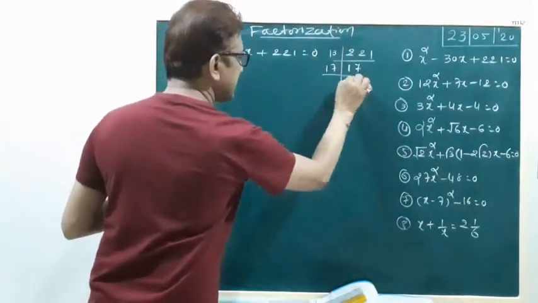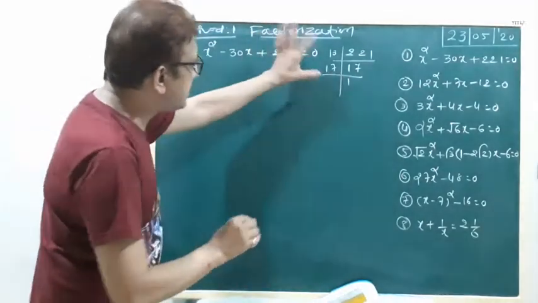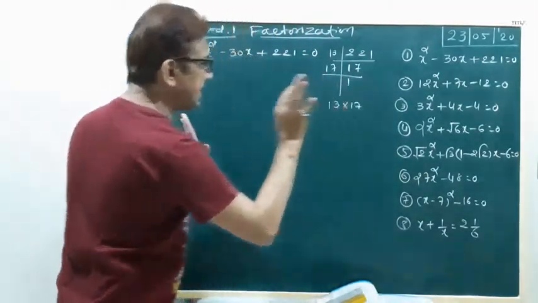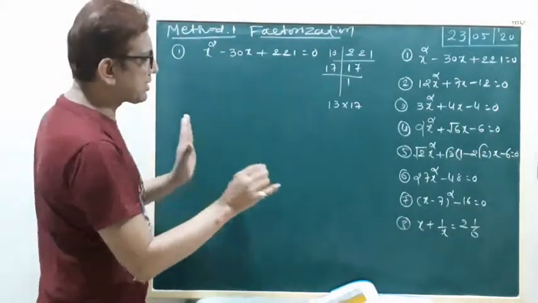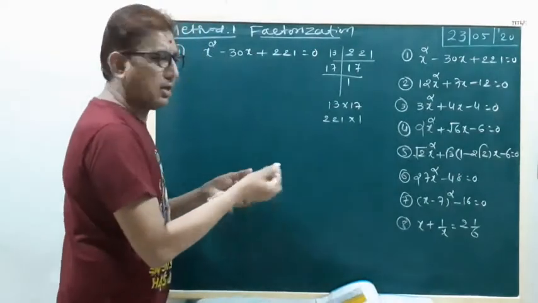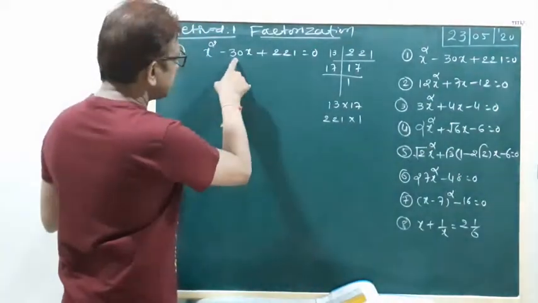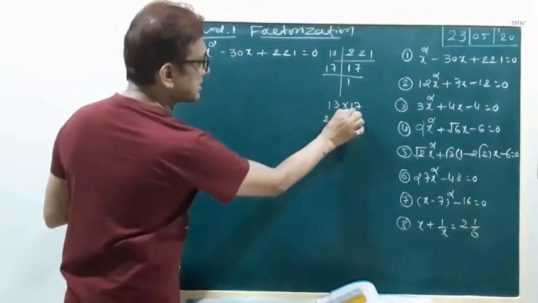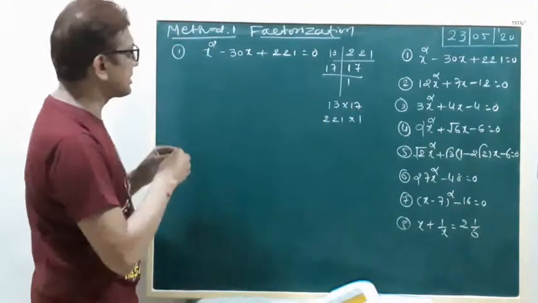Then 17 ones are 17. So the only factors are 13 into 17, no other factor except 221 ones. Now we check: the sum of these two numbers is 30. 13 plus 17 is 30. Is that clear?